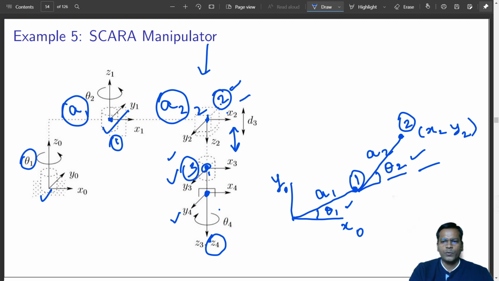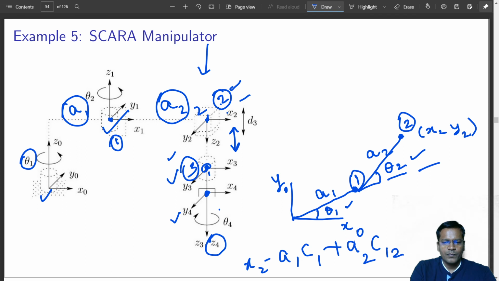So what is point 2? It is a two-link system. What you should see is a1 c1 as the x coordinate plus a2 c12. C12 means cos of theta 1 plus theta 2. So this should be your x2. Now how much should be your y2? Y2 will be this distance.